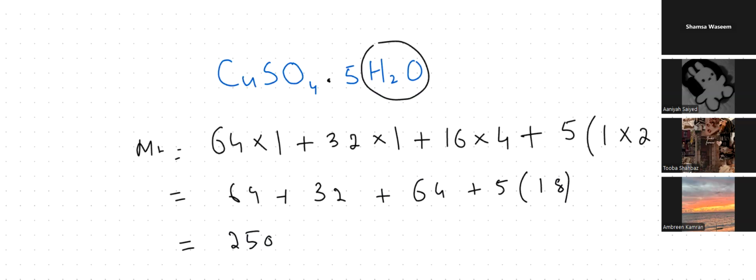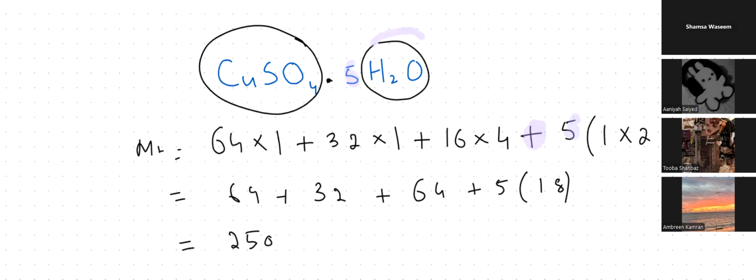Can you explain this again? Sure. I hope you understood this part. Here it comes, the dot. Dot means it's going to be added. The 5 water of crystallization are being added, so for this dot I have just represented it with a plus sign. Then here comes 5 water molecules, so I wrote 5, and after that the water.